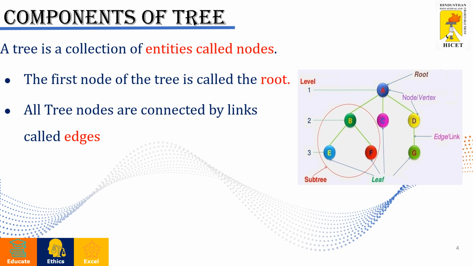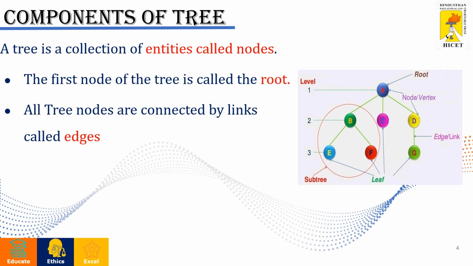And you have something called a subtree. Subtree is a part of a tree. The whole tree is referred to as a tree, but a portion of the tree where you will have a root node or parent node and some children nodes is called a subtree.